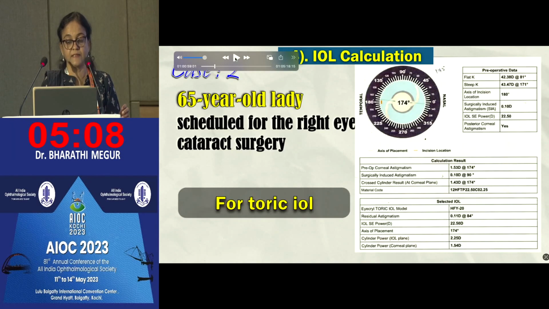This patient had chosen an Indian toric. These IOL manufacturers themselves have their own toric formulas, and finally we obtained a toric lens which had to be implanted at a steep axis of 174 degrees, and the patient did well and obtained 6/6 vision.